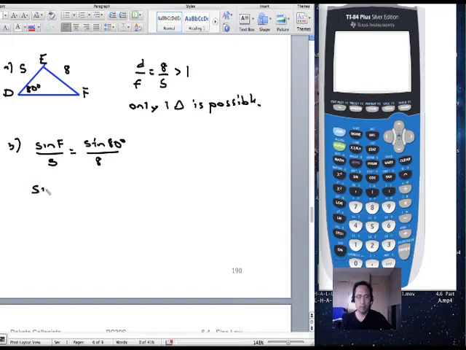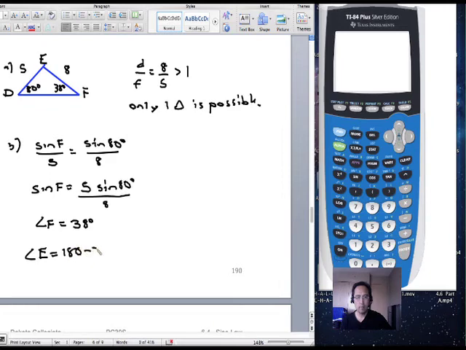So sine F is equal to 5 sine 80 divided by 8. Angle F is going to round up to about 38 degrees. Okay, that's easy. Now to find angle E, that's simply going to be 180 minus 38 minus 80. So angle E ends up giving us 62 degrees.